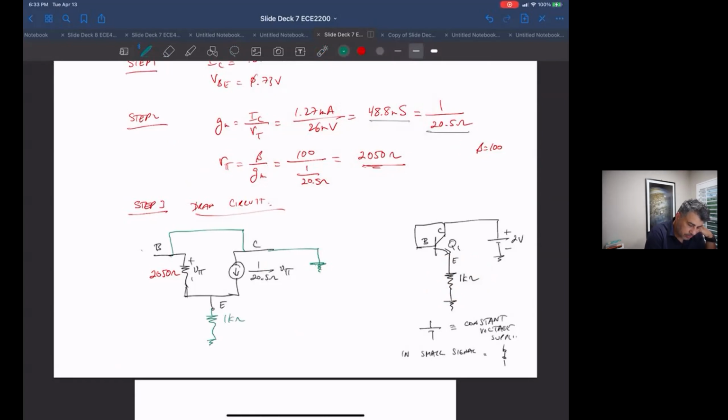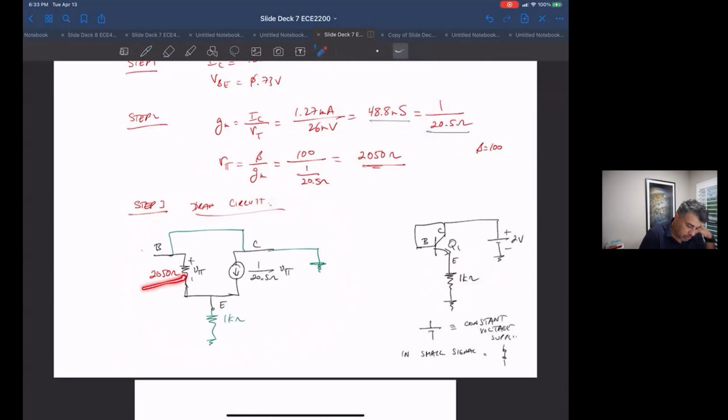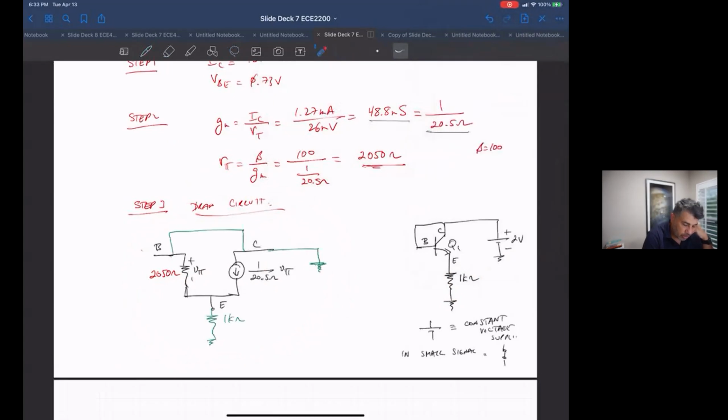And that's it. This is your small signal circuit with these values for R sub pi and G sub m, and this is the connectivity. Okay, so that's the solution to this problem.